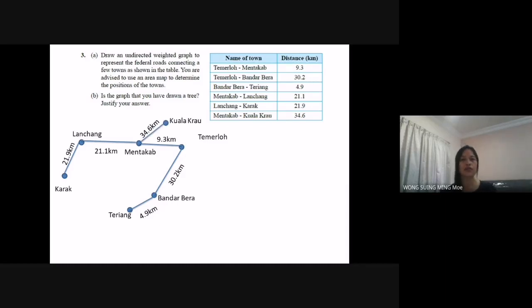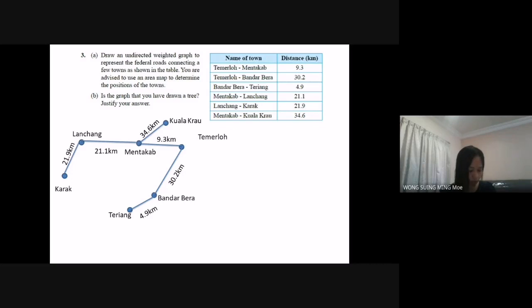So this is a weighted graph. We learned it before, and today we do some revision for the whole chapter. After we draw it, B: is the graph that you have drawn a tree? Justify your answer.